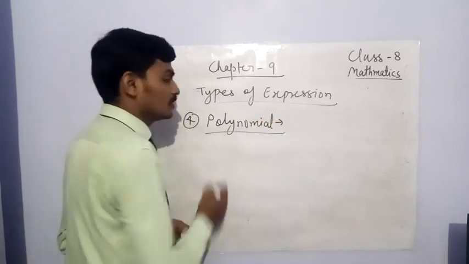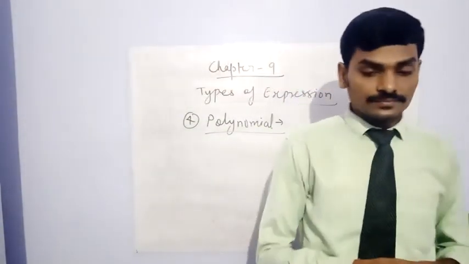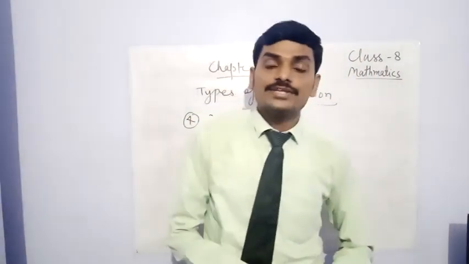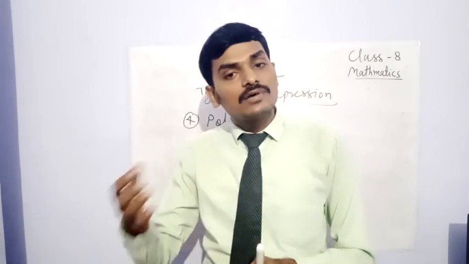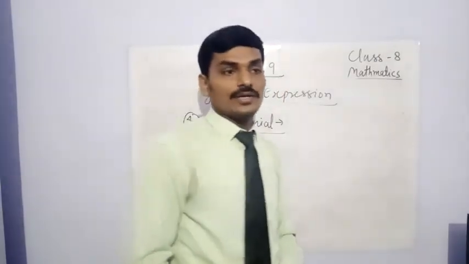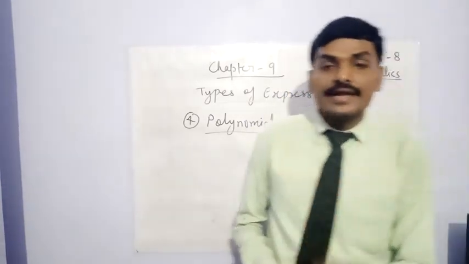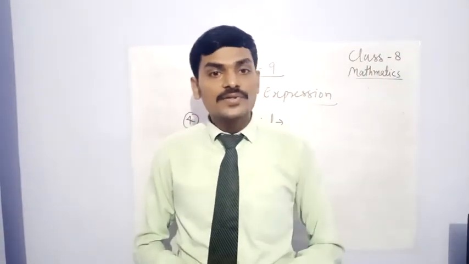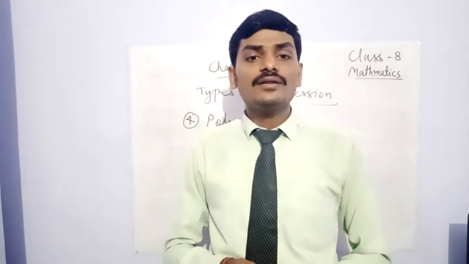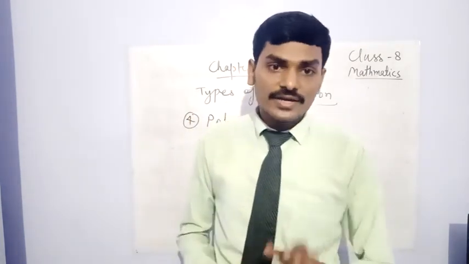Polynomial. What is polynomial? The expression in which one or more than one terms are present is known as polynomial. That is, if in any expression one term is present or two terms are present or three terms are present, these all are known as polynomial.